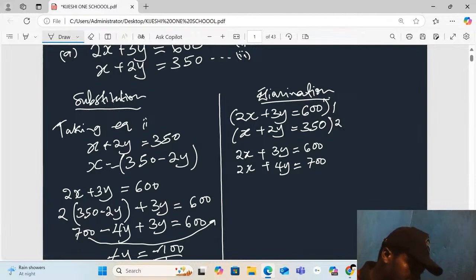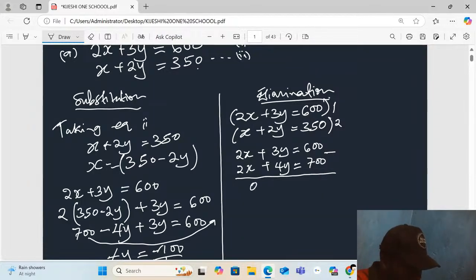To eliminate x, we have to subtract. So we have to subtract equation 2 from equation 1 for us to eliminate x. Therefore, we're going to subtract so that we eliminate the value of x. Therefore, 2x minus 2x, you get 0.